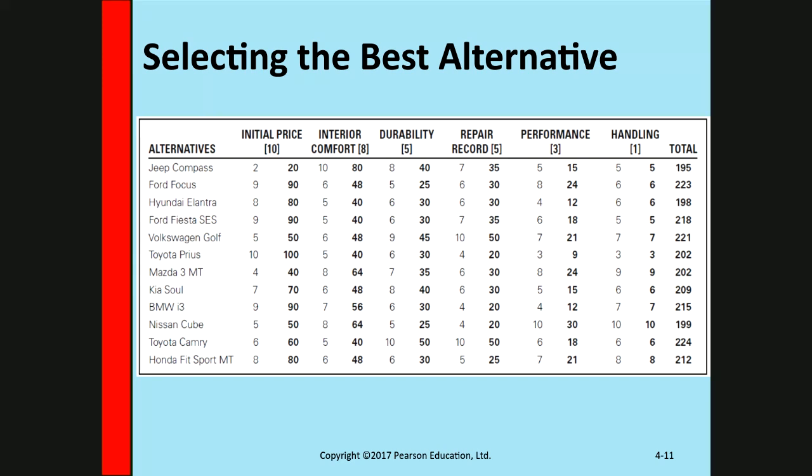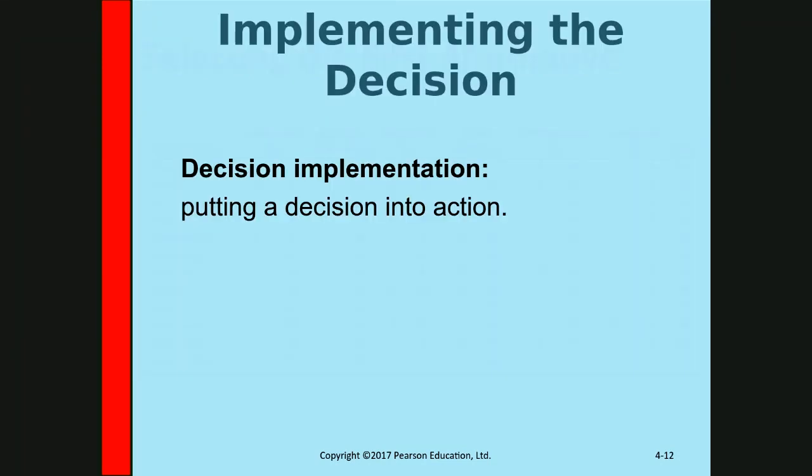Like I said again, this is a tool which this module is using to explain, but it doesn't mean that this is the only one. And finally, you implement your decision.